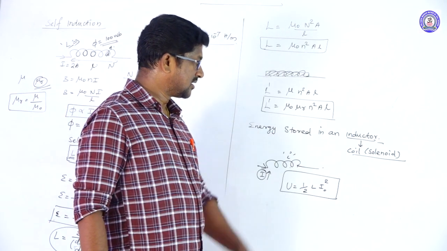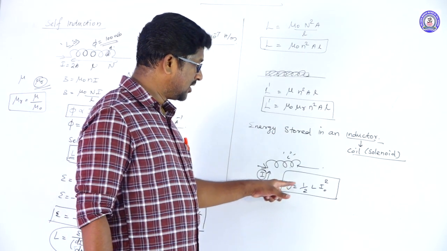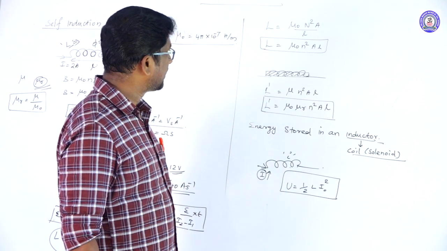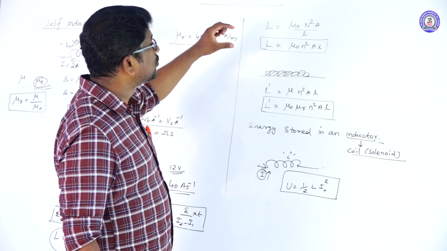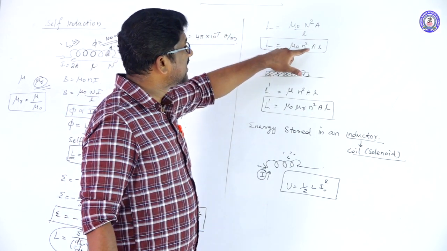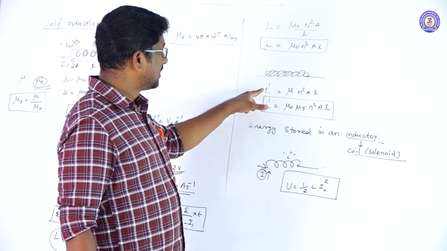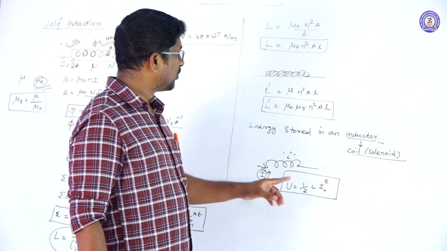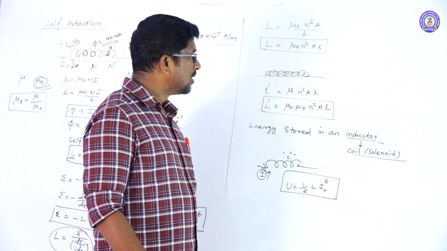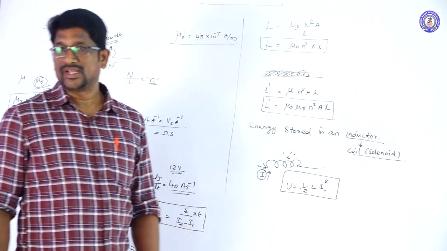The self-inductance of a long solenoid is L equal to mu naught N square A into l if the medium inside the coil is air. Otherwise, L prime equal to mu naught mu r N square A into l.